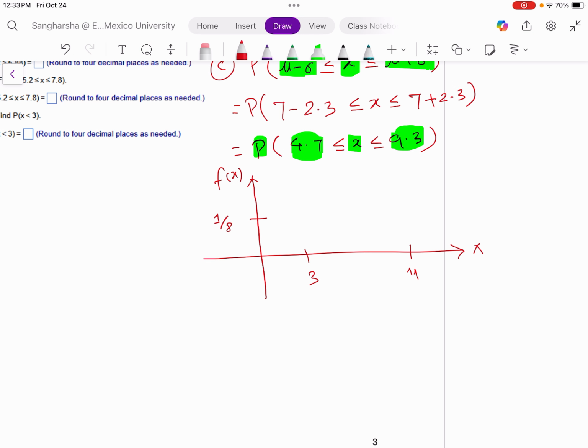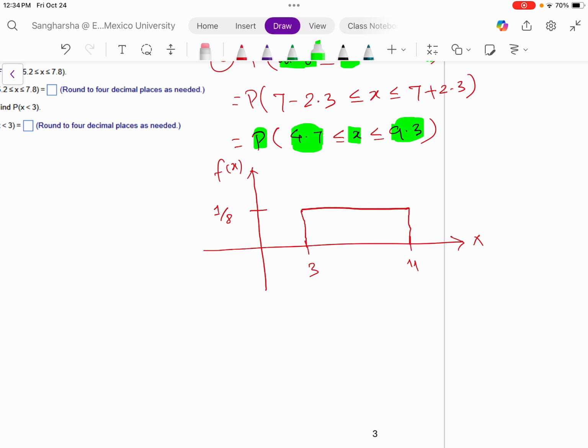We draw a horizontal line here, a vertical line here, and we get a rectangle. We want to find x in between 4.7 and 9.3. Let's locate 4.7 and 9.3, and draw a vertical line at each.